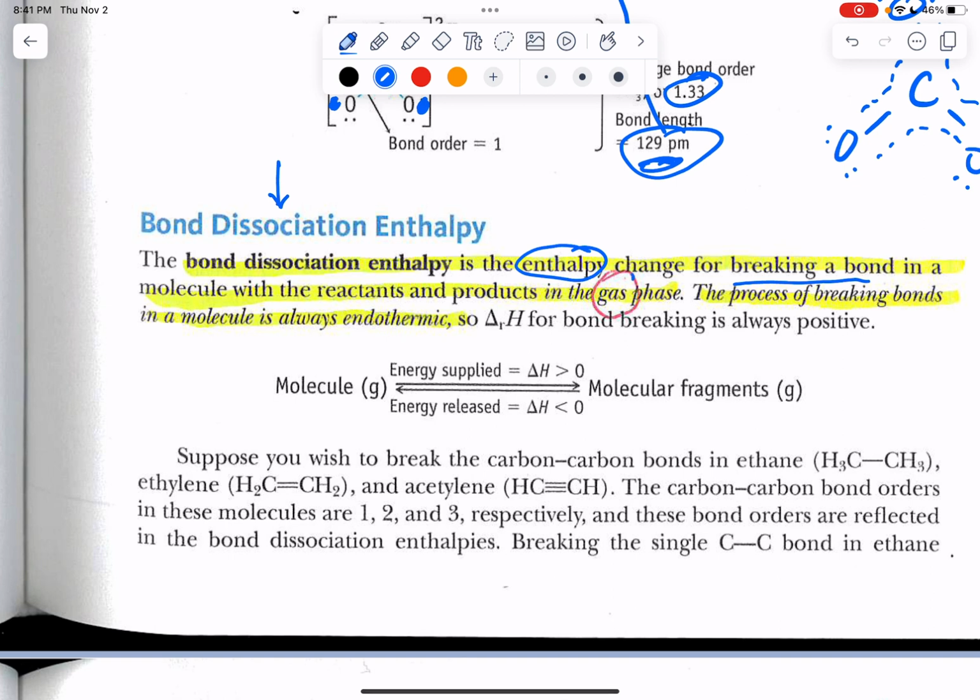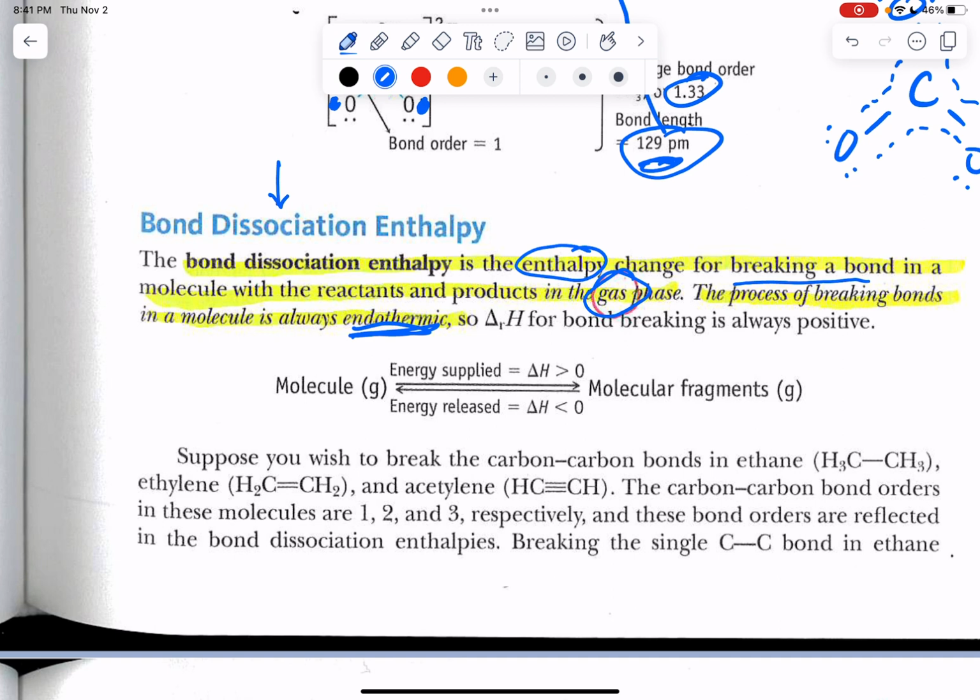Notice that this all is taking place in the gas phase, not in the liquid or solid phase. You should also know that breaking bonds is endothermic. You have to put energy in. Forming bonds, which means it's becoming more stable than having a bunch of independent atoms in the gaseous state, is going to release energy, and that would be exothermic.